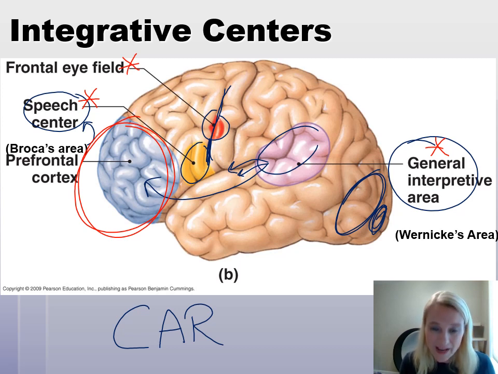Prefrontal cortex performs abstract intellectual functions, predicting the consequences of events or actions, and has extensive connections with other areas of your cerebral cortex. Okay, so that is our cerebrum, all of the different association areas, how they take in data, how they process that data, and it's all connected together. And there's still a lot of mystery with how all of this works.